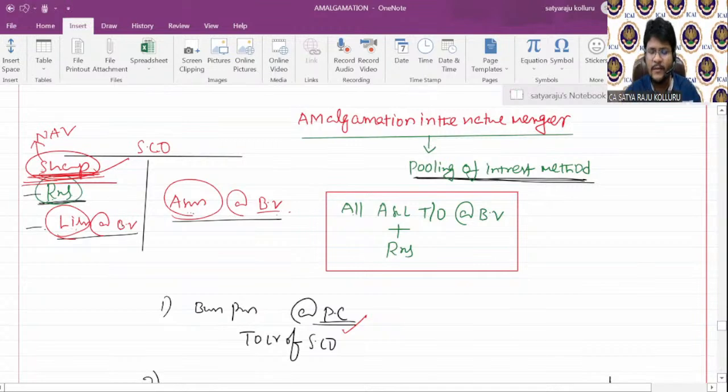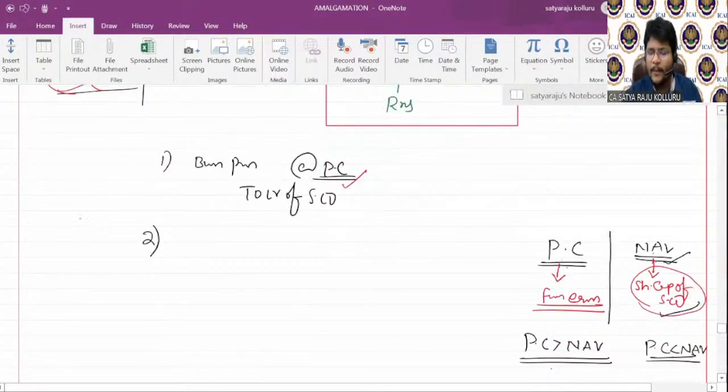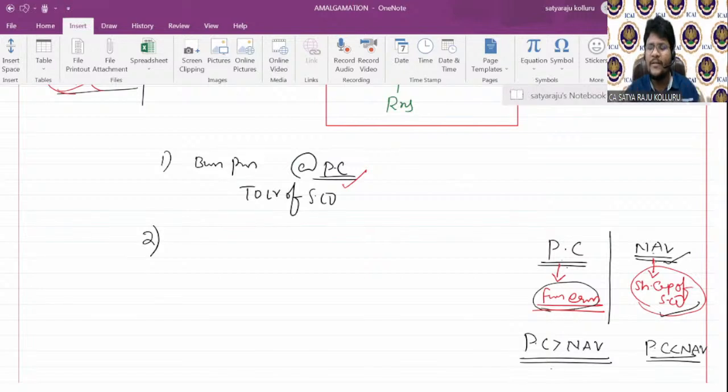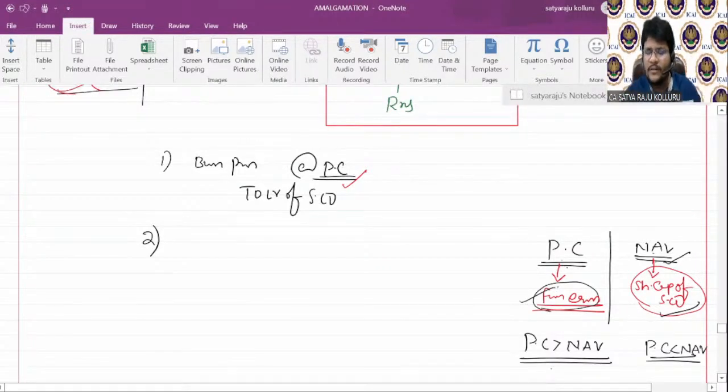To put it in a very simple manner, while comparing PC with NAV, what will you compare? The number of shares issued, because in case of amalgamation in the nature of merger, the entire PC is in the form of fully paid up equity shares. So the worth of equity shares issued by the purchasing company to the selling company is compared with the face value of the share capital of the selling company.